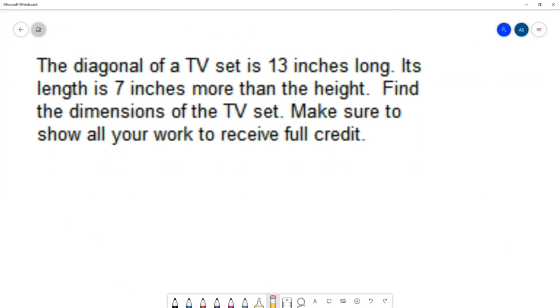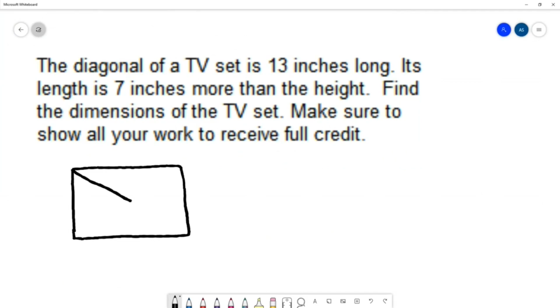So let's draw a picture so you can get an idea on how to start this question. We have a TV set. It's going to be in the shape of a rectangle. And we are told that the diagonal goes from corner to corner. The diagonal is 13 inches.